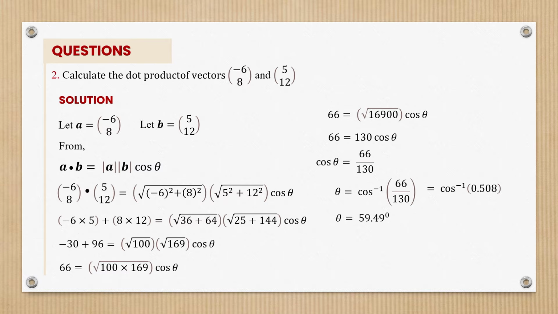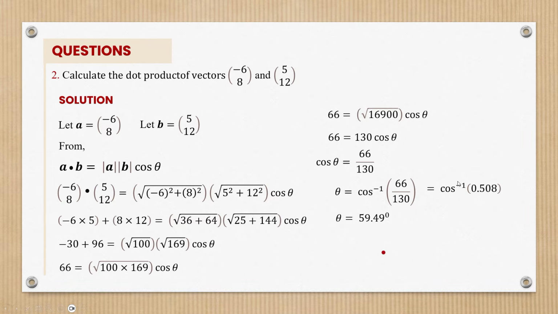So now we know the angle between the two vectors, but we've been asked to calculate the dot product of the vectors. So what we want is the dot product represented. So that means what we're looking for is a dot b. So what is a dot b equal to? So that's what we need. Now we already know that this times this gives us this answer, of which it's actually 130.